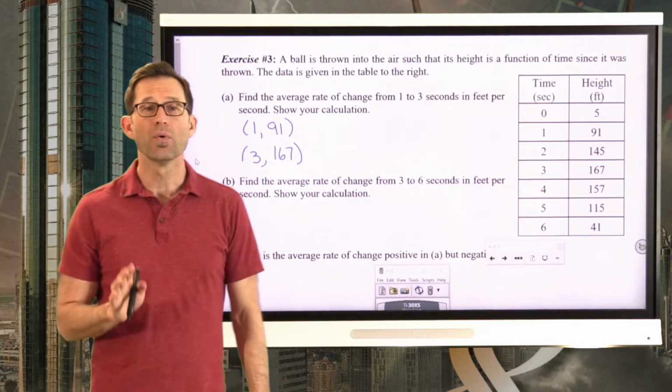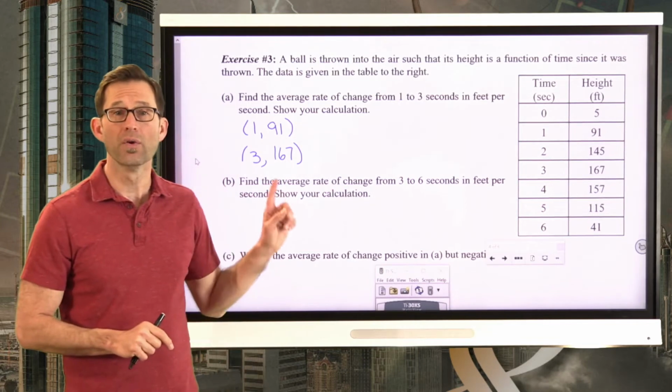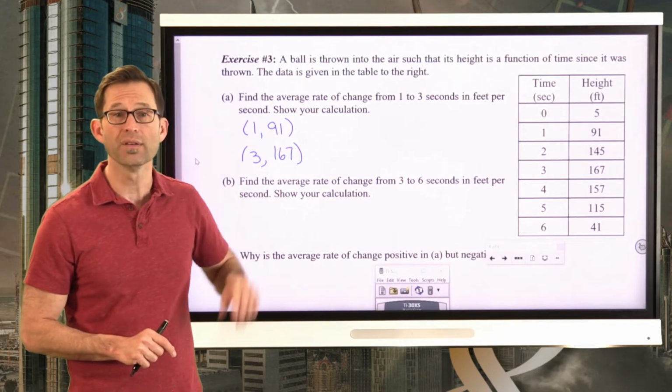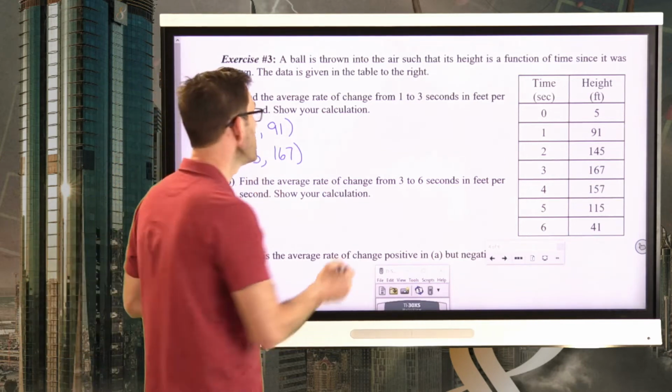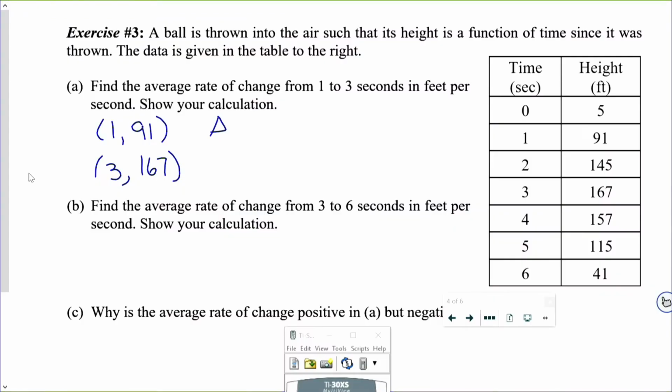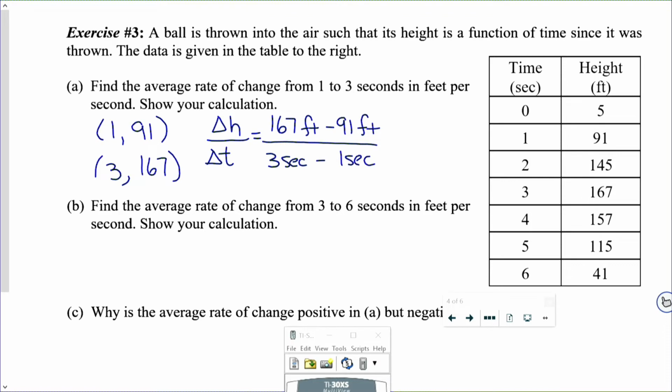So for the average rate of change, I'm going to take this and subtract this, and then divide by this minus this. So literally, the change in the height, I'm going to use h for height, divided by the change in time is going to be 167 feet minus 91 feet divided by 3 seconds minus 1 second.